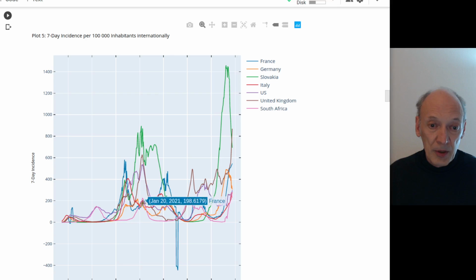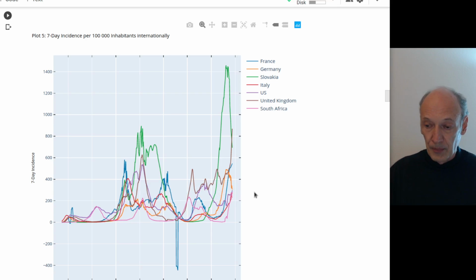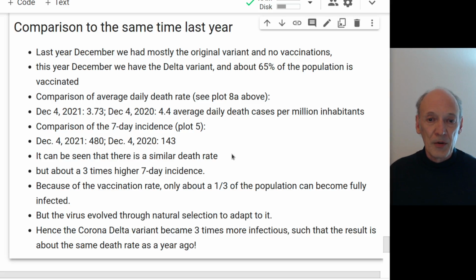And when you compare it to December of last year, so here you go, it was 200 or slightly below, so much lower. The US actually had much higher values than Germany last year in December, so now Germany has somewhat higher values than the US.